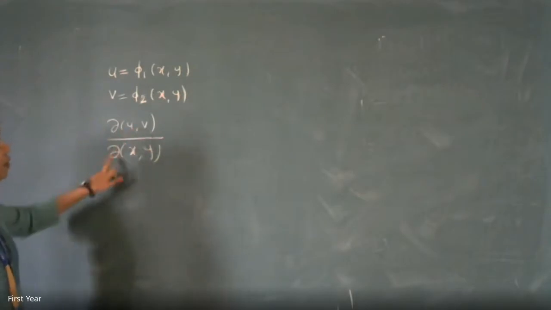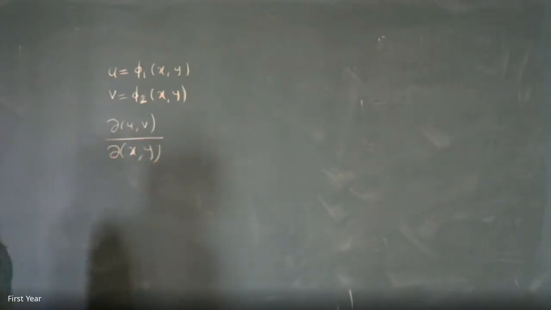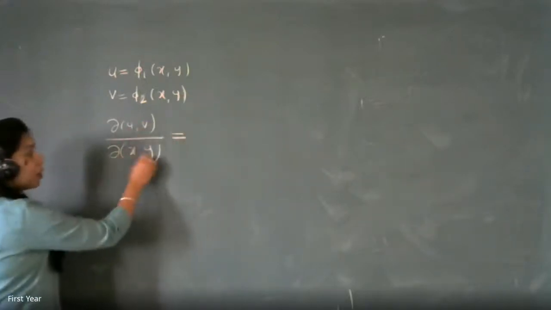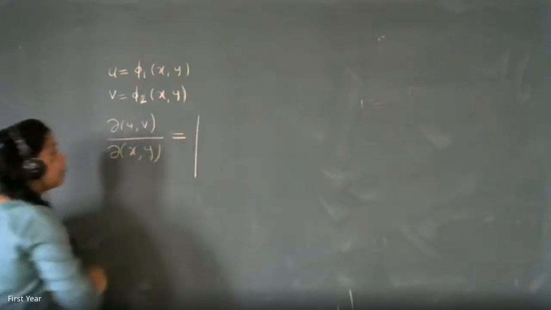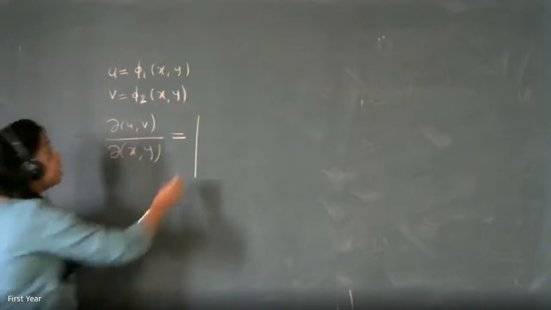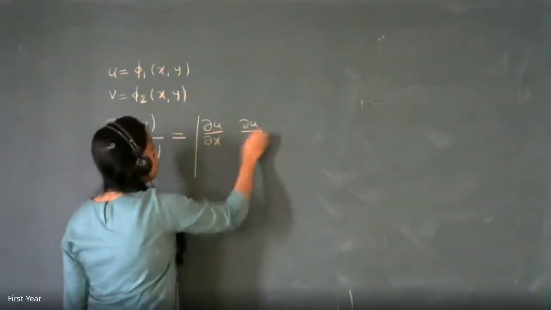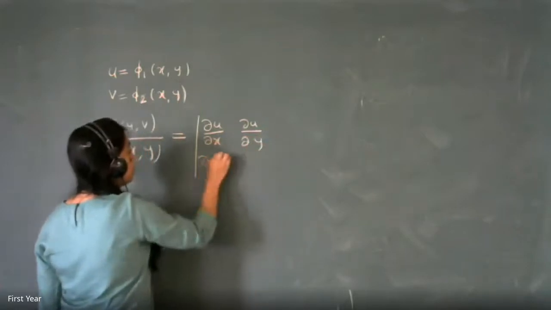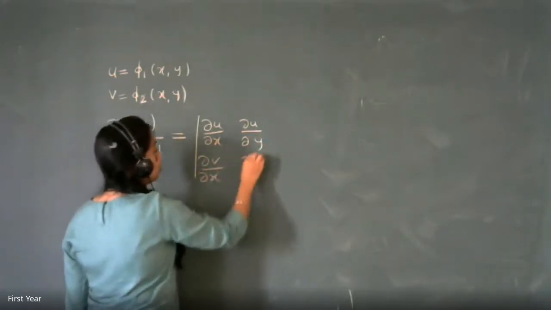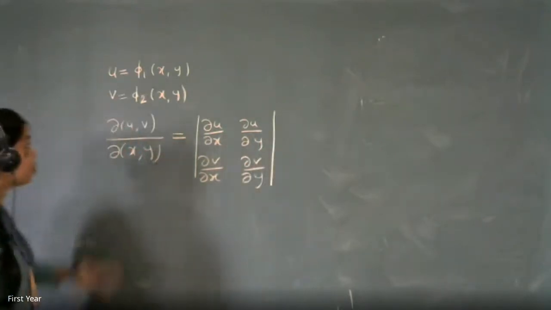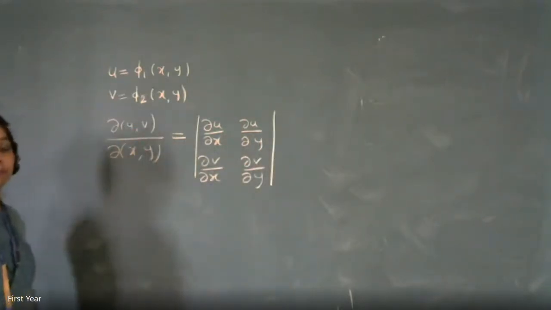Change in u, v with respect to change in x, y. Okay, I'll tell you where we are going to use this. The definition is: change u with respect to x, change u with respect to y, change v with respect to x, and change v with respect to y. The determinant of this will be the change of u, v with respect to x, y.